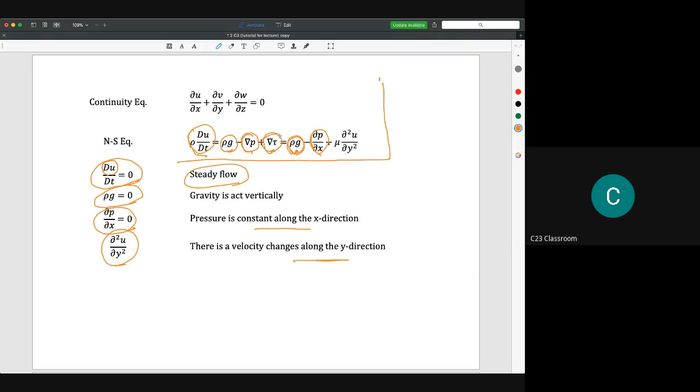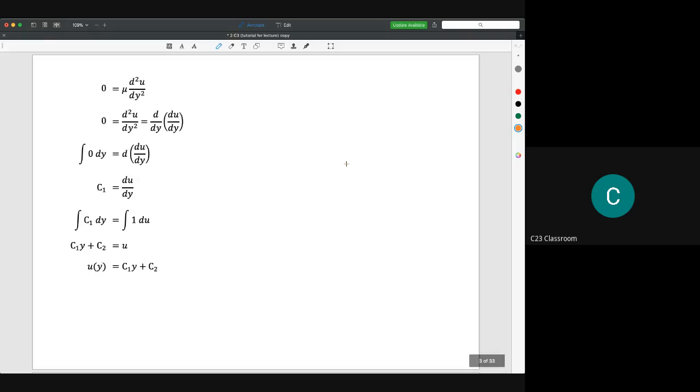So the nabla tau here, if you refer back to my previous note, we could write in terms of mu and du/dy. And then we have this term because we don't have values in z, and w, v and w. So we could simplify this one. So we have mu d squared u over dy squared is equal to 0.